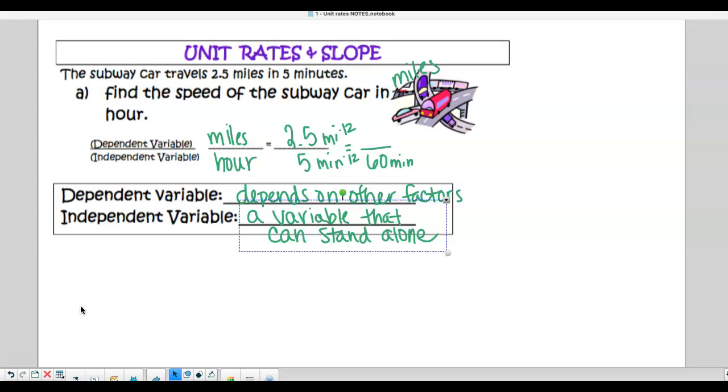Grab your calculators out, because you're going to need them a lot today. Do 2.5 times 12. If you don't have a calculator, go grab one. I got 30. 2.5 times 12 is 30.